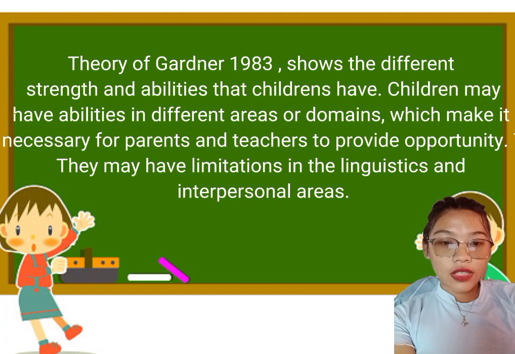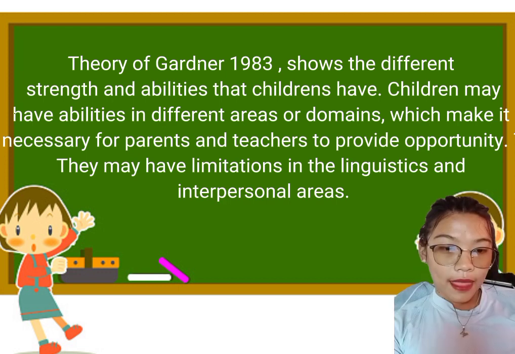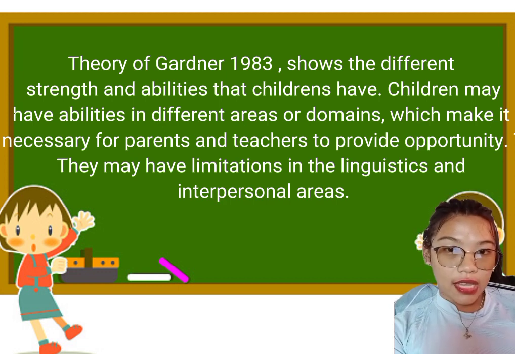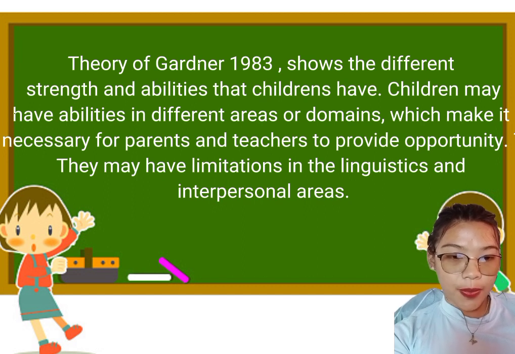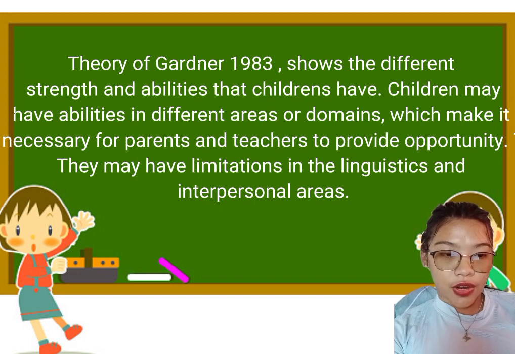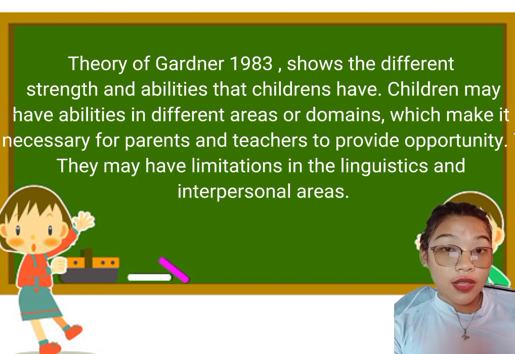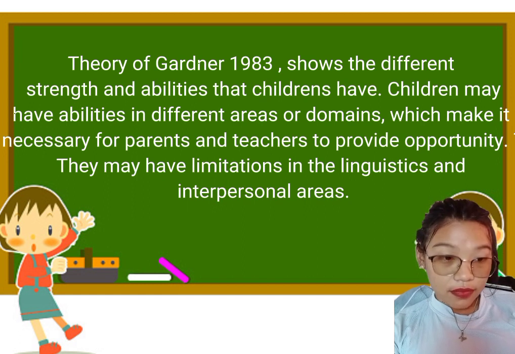As explained in Chapter 5, that shows the different strengths and abilities children have. In Gardner's theory, children may have abilities in different areas or domains, which makes it necessary for parents and teachers to provide opportunities for such strengths and abilities to be displayed.